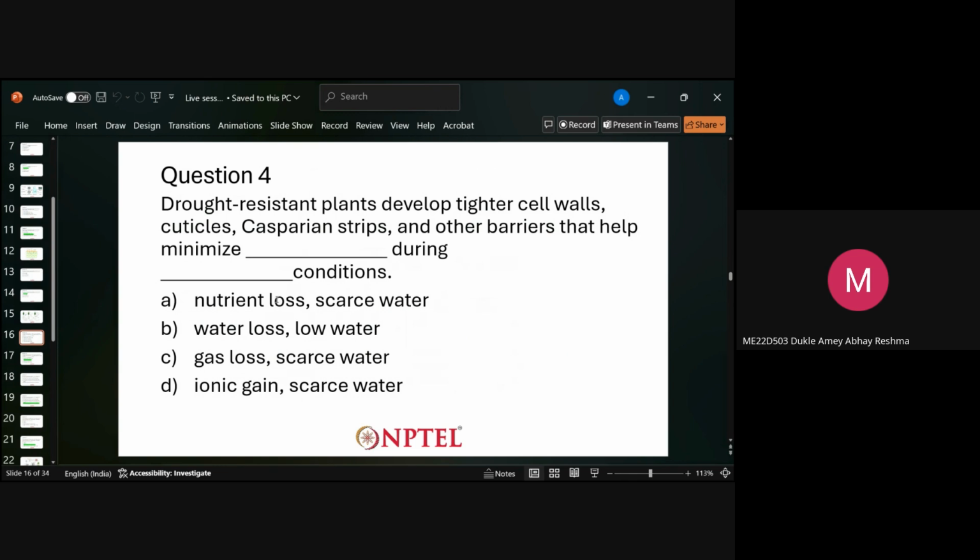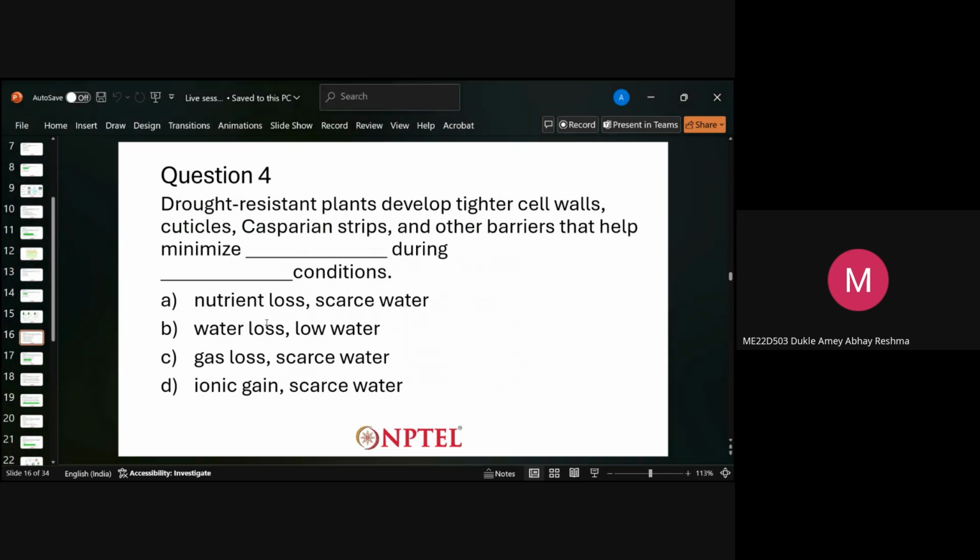These are very basic questions. Drought resistant plants develop tighter cell walls, cuticles, Casparian strips, and other barriers that help minimize dash during dash conditions. The options: nutrient loss, scarce water; water loss, low water; gas loss, scarce water; ionic gain, scarce water.